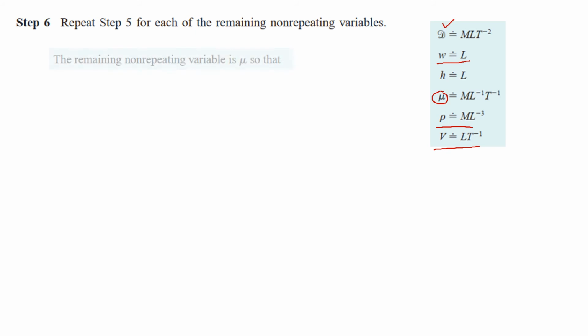So let's do that. The remaining non-repeating variable is viscosity, so that our pi 3 becomes viscosity multiplied by the repeating variables, each raised to the power a, b, c, and we will now correctly assume the values of a, b, c to correctly arrange this pi term. So let's do that.